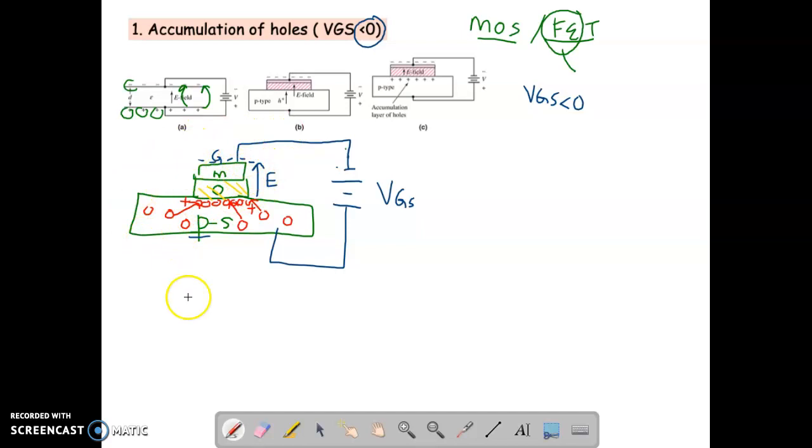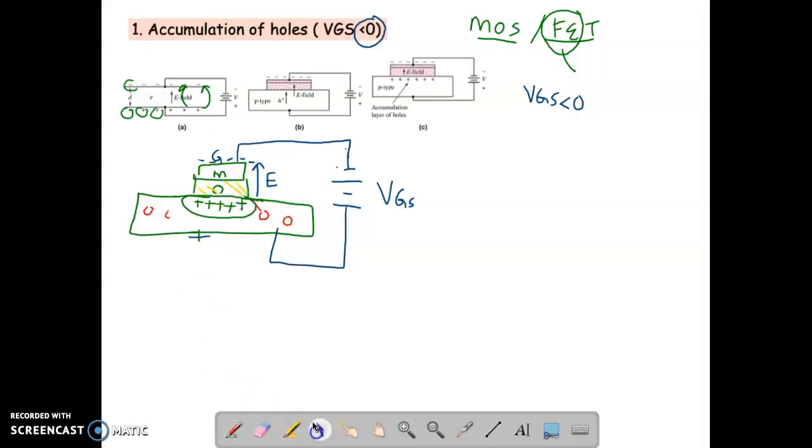Let me redraw again. This is metal, and there are a lot of holes here. Can these holes move up to the metal? No, because there is an insulator there. So we call this accumulation of hole. When you apply VGS less than 0, at the surface of the oxide you will have accumulation of hole.